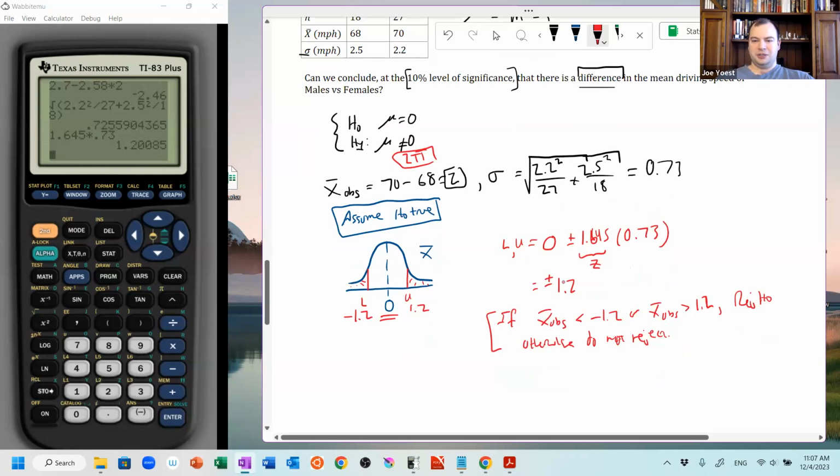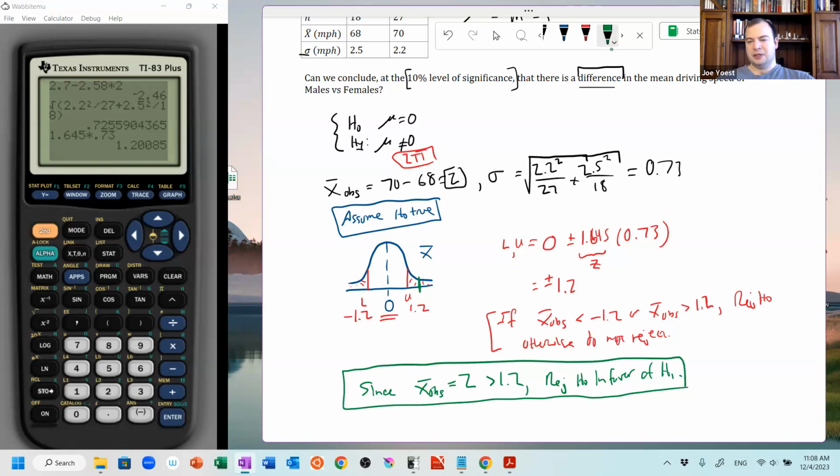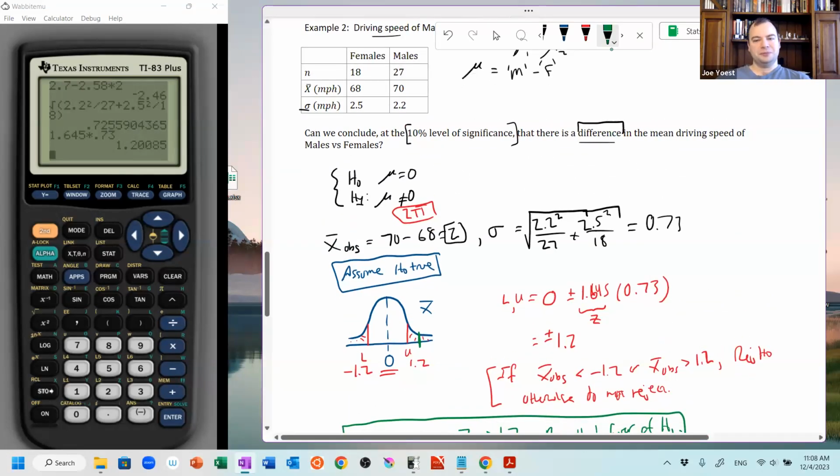And then lastly, we can say since X bar observed equals 2, which is indeed in this right tail, this right side of the rejection region, which is greater than 1.2, reject H naught in favor of H1. And we can conclude that mu for the males is greater than mu for the females on the basis of this sample.